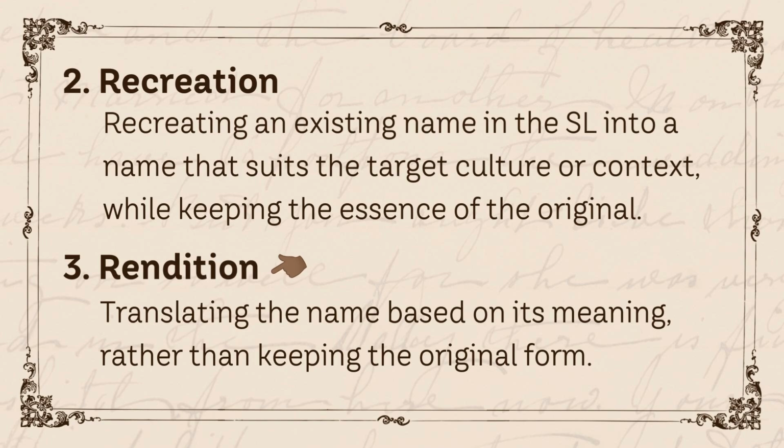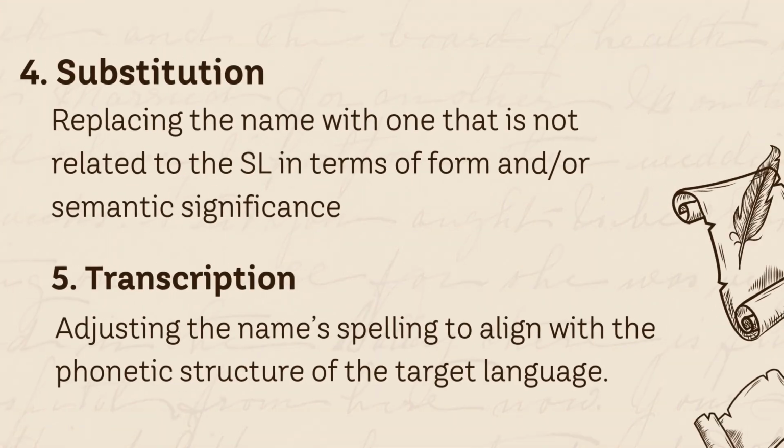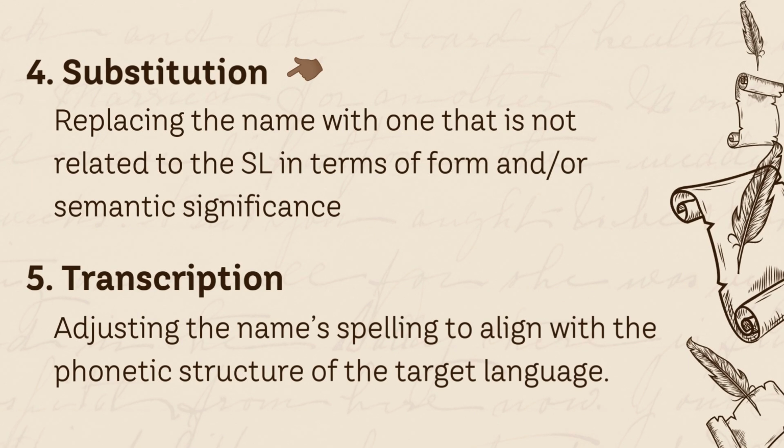Next is rendition, where the meaning of the name is translated, rather than keeping its form. Substitution is when a name is replaced with one that is not related to the source language in terms of form, even its meaning.